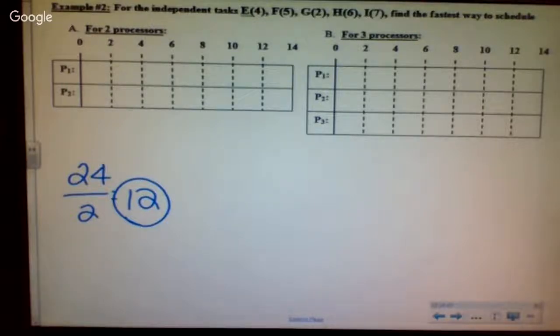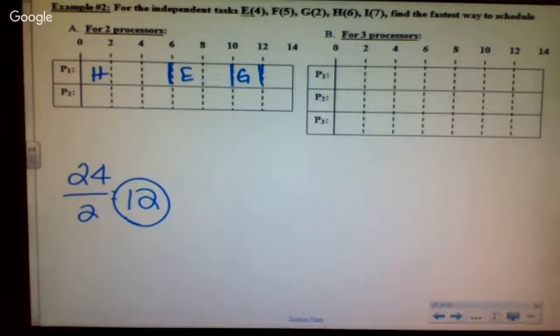What can I pair together to give me 12? 6, 4, and 2. So I'm doing H for 6, E for 4, which takes me to 10, and G for 2, which takes me to 12.